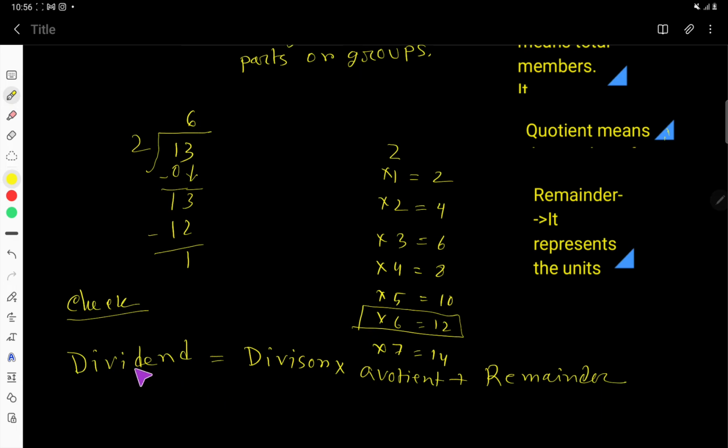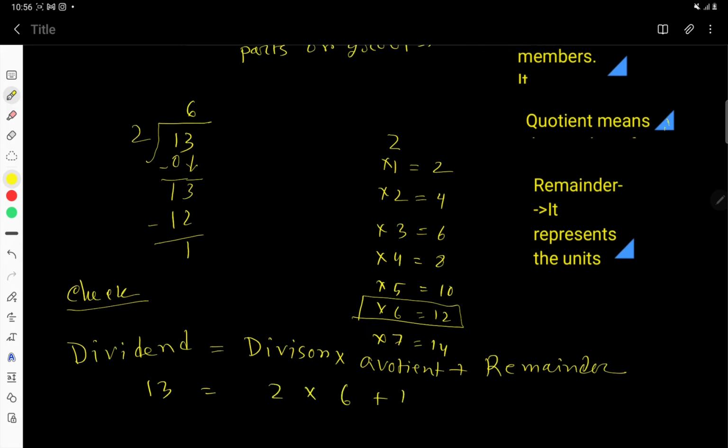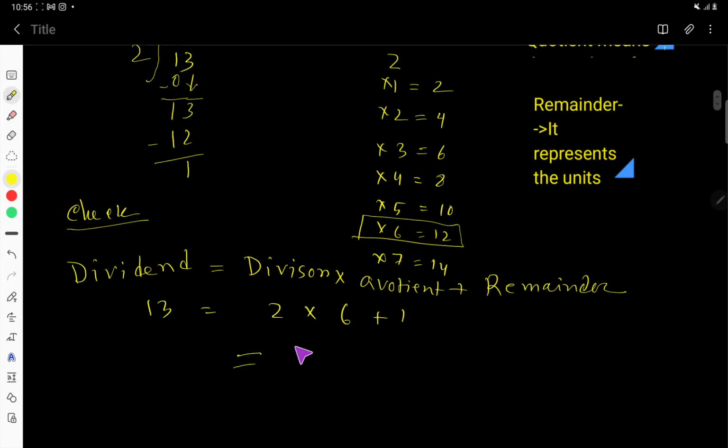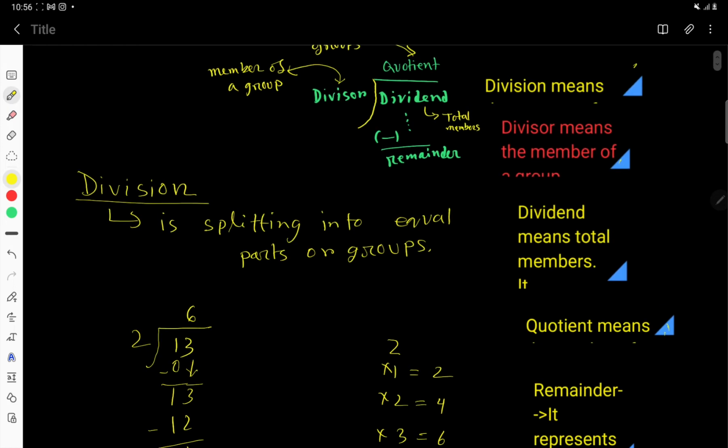So here the dividend is 13, the divisor is 2, the quotient is 6 plus the remainder is 1. So look, 2 times 6, 12 plus 1, that is 13. So this is our right answer.